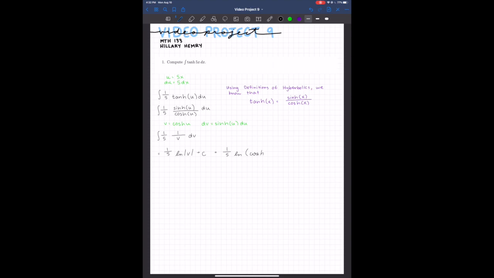And we take out the absolute value because we know that cosh is always going to be positive. We plug our 5x back in for u, and that is going to be our final answer for this first problem.